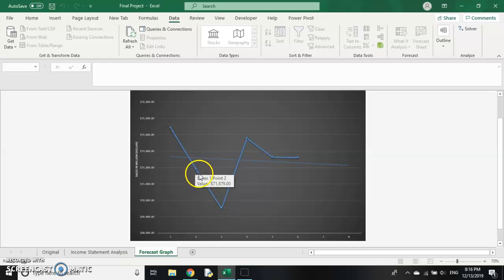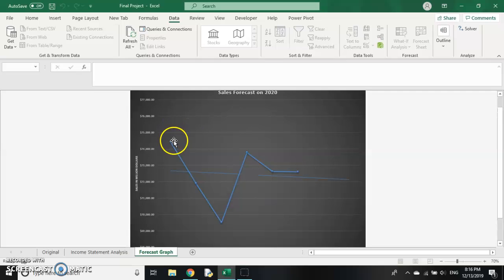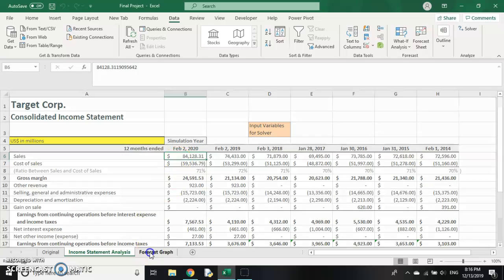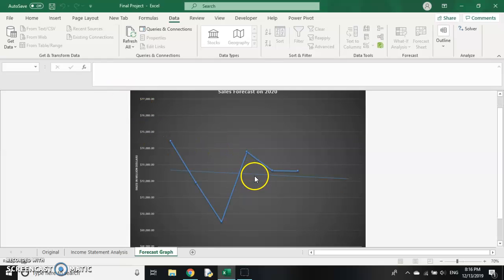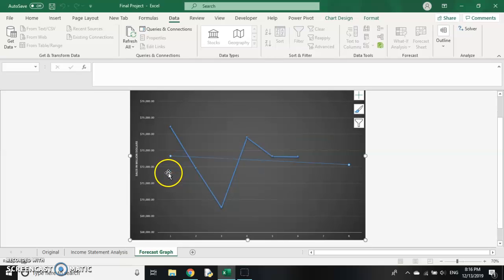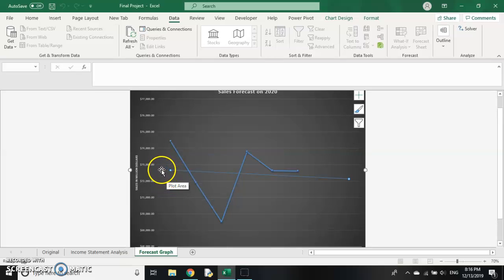Although it looks like it's going to increase at a very rapid rate, I do not think so. This rate is around 74,000. It's way below 84,000, which would be up here. The linear regression shows that in the year 2020, it's probably going to reach 74,000 conservatively.